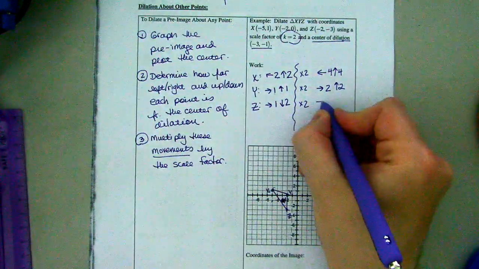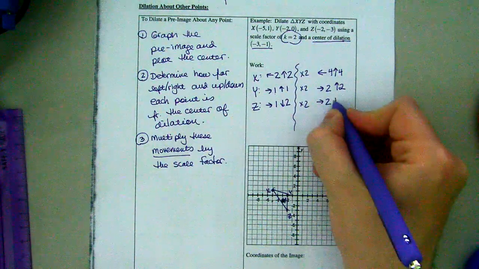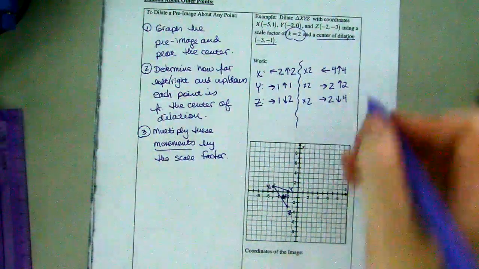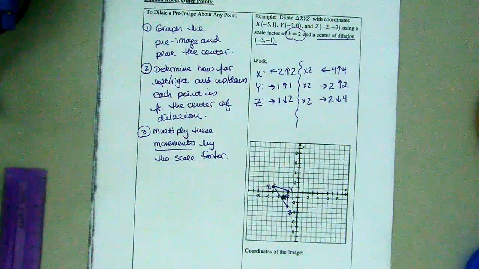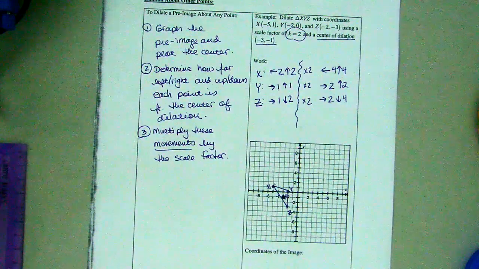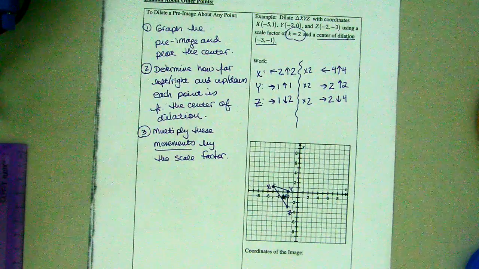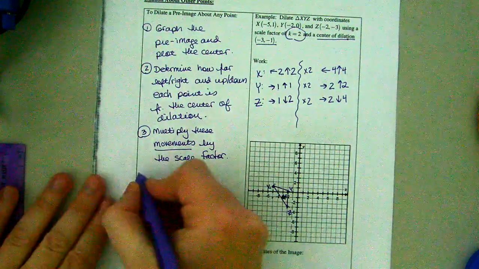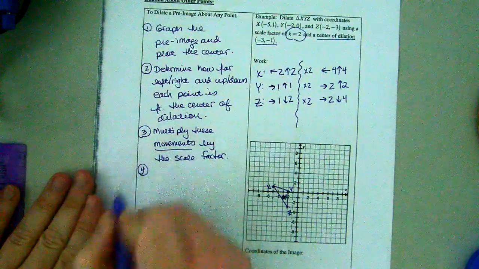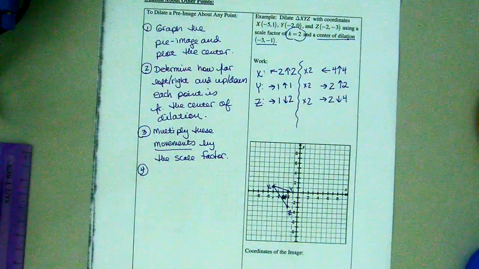Right 1 down 2 becomes right 2, down 4. This is not like yesterday where I was multiplying coordinates by my scale factor. Today I'm multiplying the movements by my scale factor. Push pause if you need to get another moment to get that in your notes.